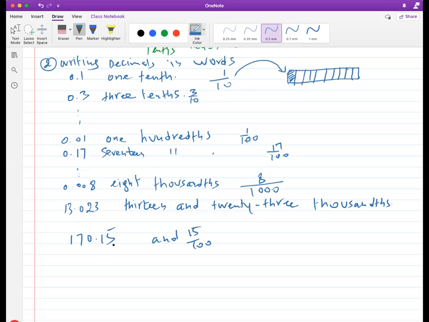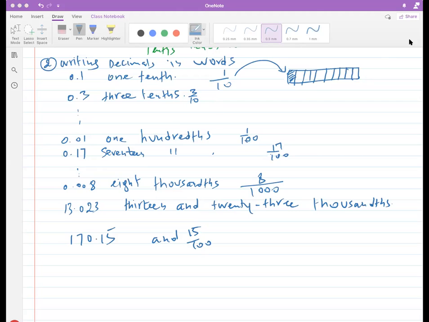So the cents will usually take 2 digits, the tenths and the hundredths. It's another way of writing the cent amount. So you say 170 and this in words. So basically you can write any amount or decimal in words the formal way.